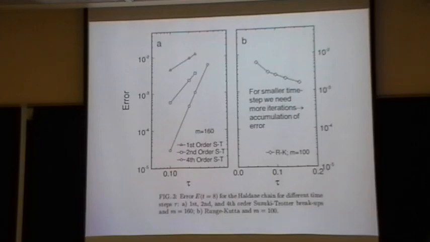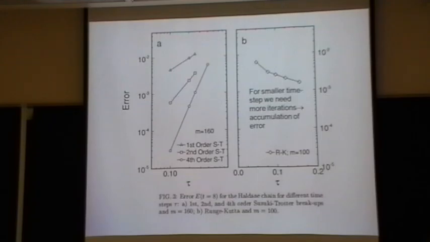The thing is that for every time step, if we have a small tau, to get to time 8, we need more sweeps. If we have 0.1, we need, say, 10 sweeps. If we have 0.01, we need 100 sweeps.